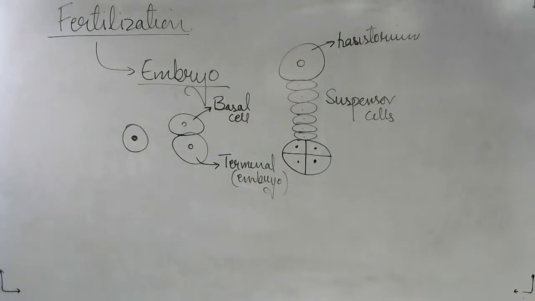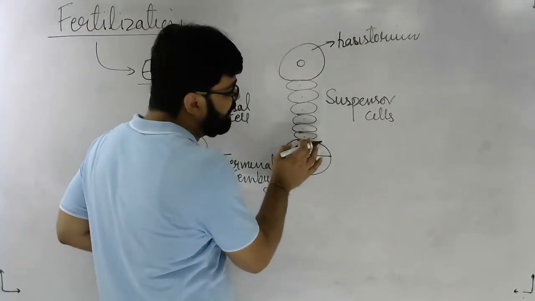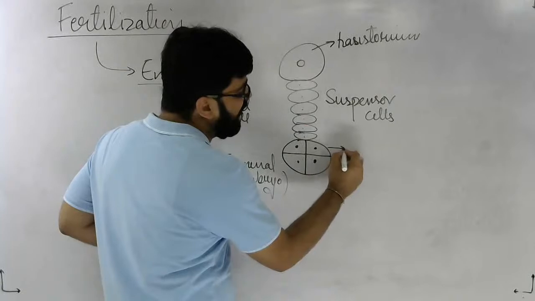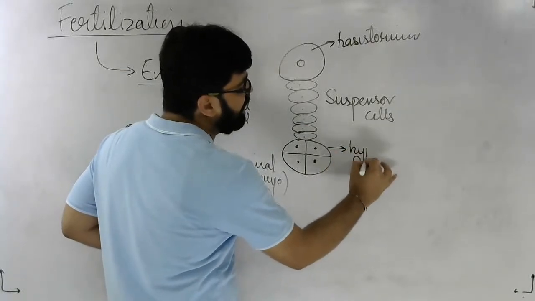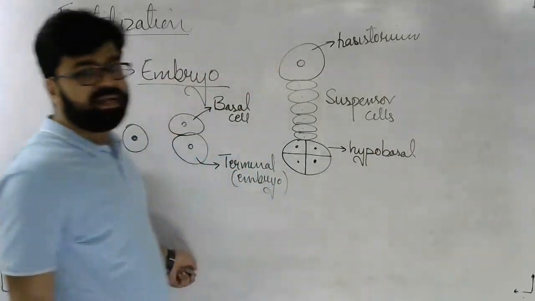All right, not an issue. So they are arranged in 2 tiers. The layer which is present near to the suspensor is the hypobasal layer.